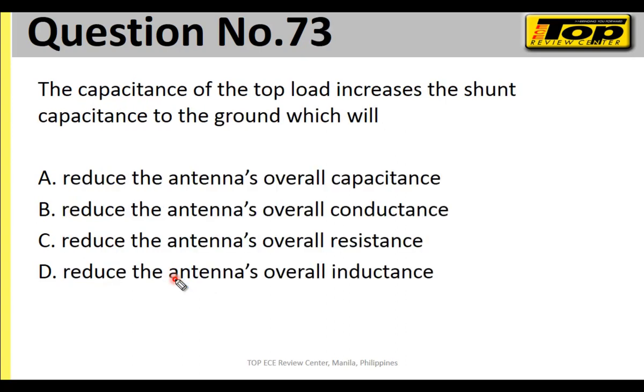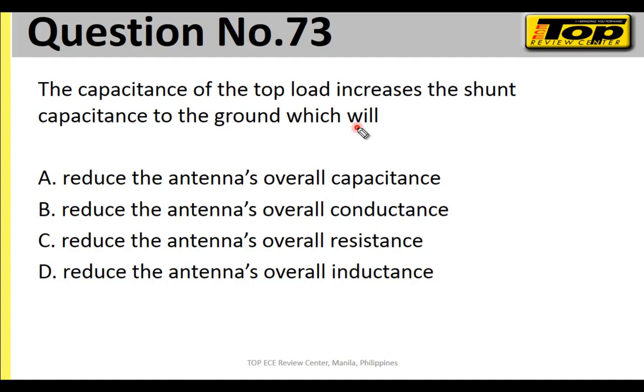Question number 73. The capacitance of the top load increases the shunt capacitance to the ground, which will, anong gagawin kapag na-increase yung shunt capacitance to the ground because of the capacitance of the top load?